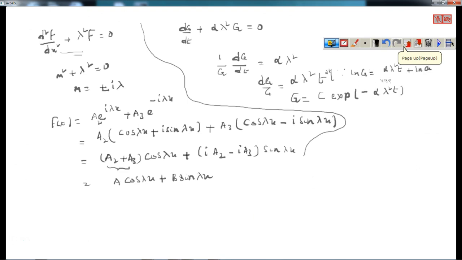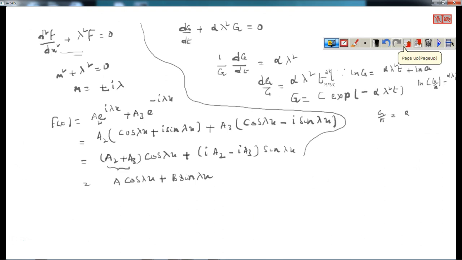This is written as ln of g by a is equal to minus alpha lambda square t, that is g by a is equal to e to the power of that expression.